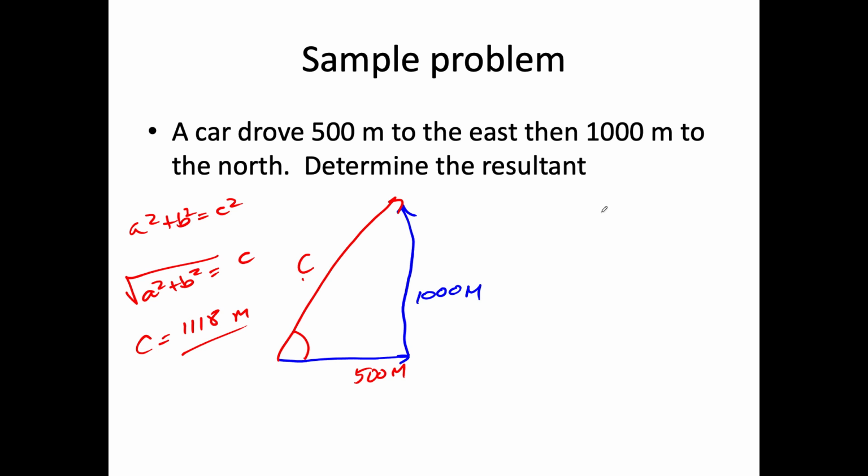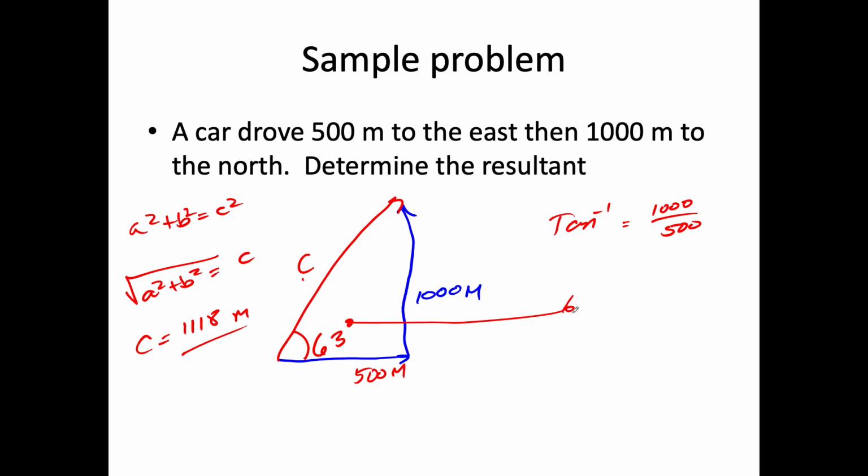Now what's this angle? That's going to be the inverse tan of the opposite over adjacent. So that's the inverse tangent of 2, which gives an angle of 63 degrees.